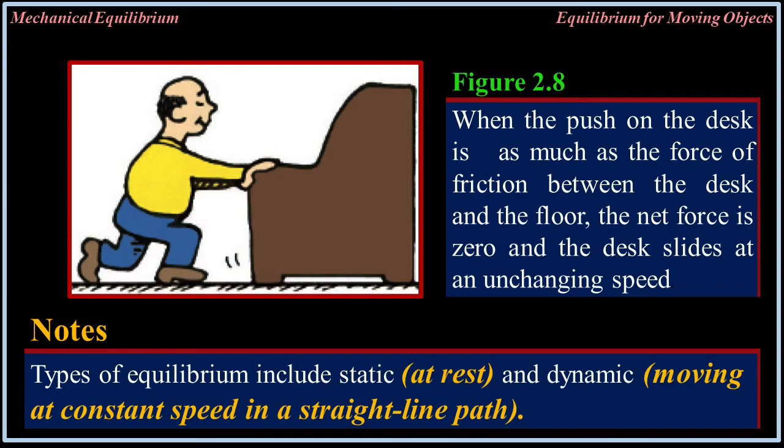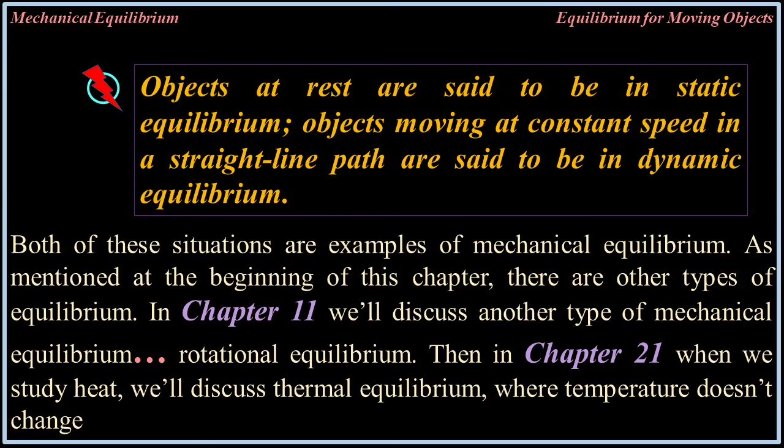Notes. Types of equilibrium include static, at rest, and dynamic, moving at a constant speed in a straight line path. Objects at rest are said to be in static equilibrium. Objects moving at a constant speed in a straight line path are said to be in dynamic equilibrium.